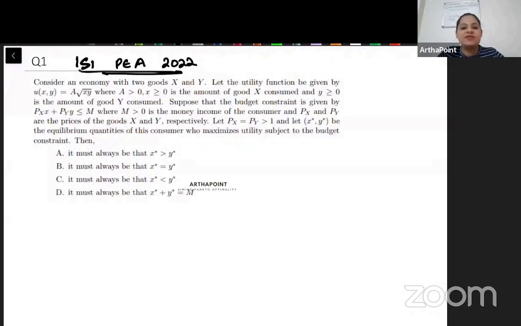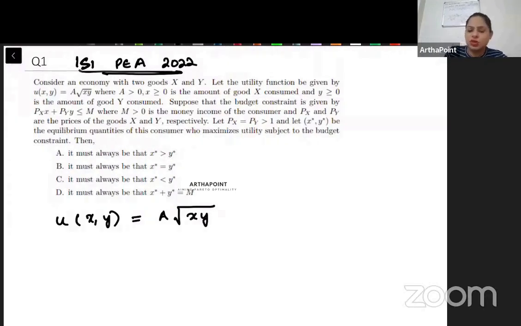Okay, let us have a look at the first question. This says, consider an economy with two goods X and Y. Let the utility function be given by, so this is a usual Cobb-Douglas utility function, which is given by A root XY, where A is greater than 0, X is greater than or equal to 0, and X is the amount of good X and Y is the amount of good Y. And you're also given a budget equation.